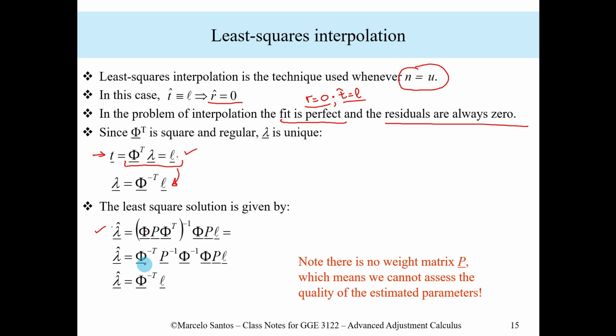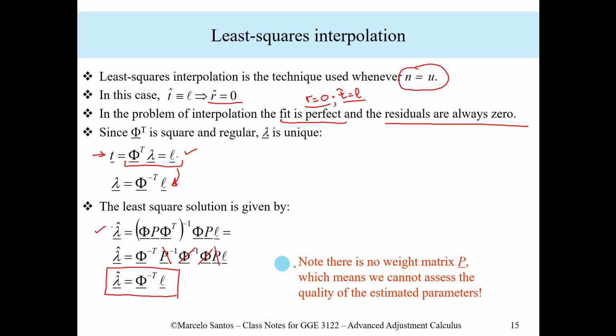So it is going to be phi transpose inverse, P inverse, phi inverse, multiplying phi P L. So phi inverse cancels out phi, P inverse cancels out P, and here is the expression to get the least squares solution for interpolation.